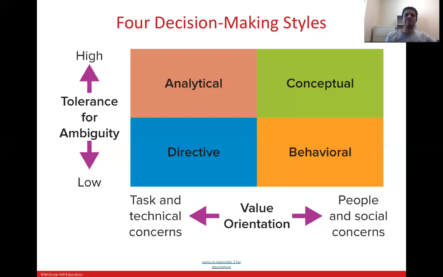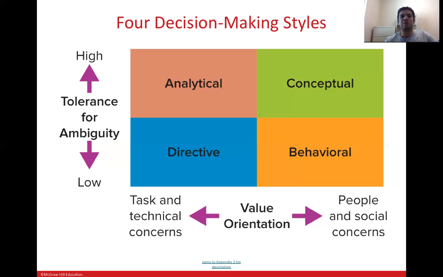Finally, there are people with a behavioral approach. So they have a low tolerance for ambiguity. They don't want any ambiguity when it comes to their decisions or the information that's available to them. And they are more concerned about people and having good relationships with them. However, people in this quadrant do not, I would say, like to confront others.